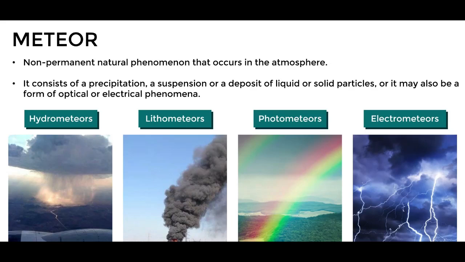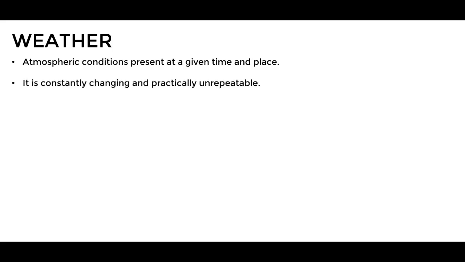So, now that we know what meteors are and how they are classified, let's take a look at two important concepts. The first one is weather. Weather is defined as the set of atmospheric conditions present at a given time and place, which are constantly changing, and they are practically unrepeatable.